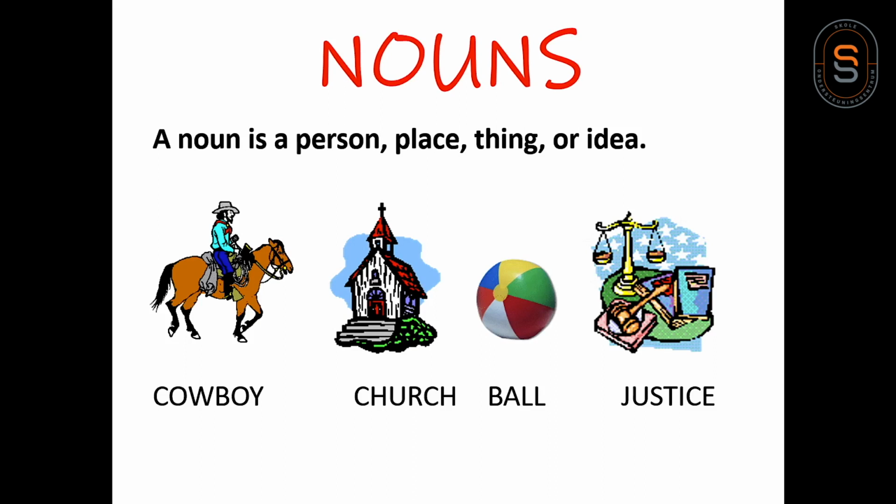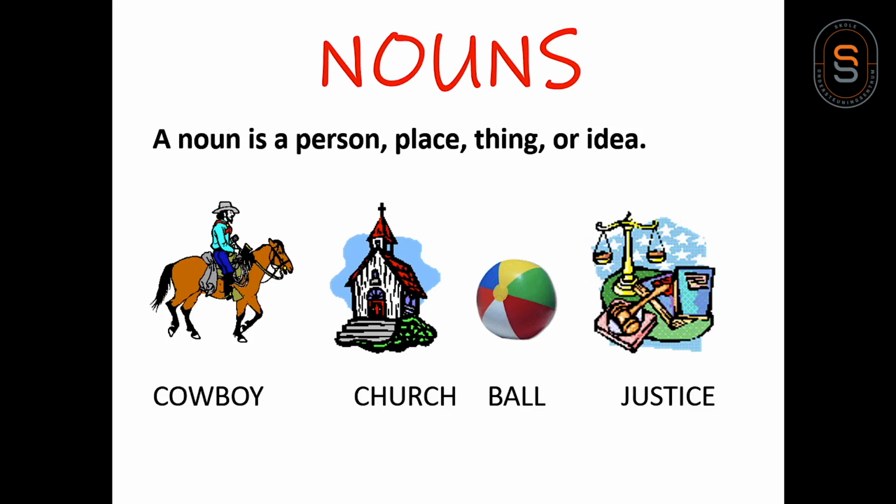Right. A noun is a person, a place, a thing, or an idea. So a person can be the boy, a cowboy, Mary, Peter. And Mary and Peter are written with capital letters because they are known as proper nouns, or you can even answer the names of a person, and you will also receive that mark.